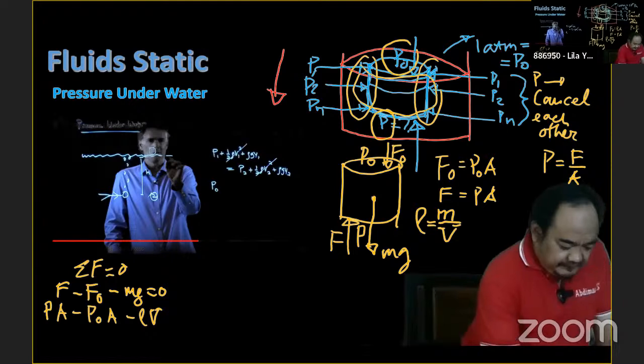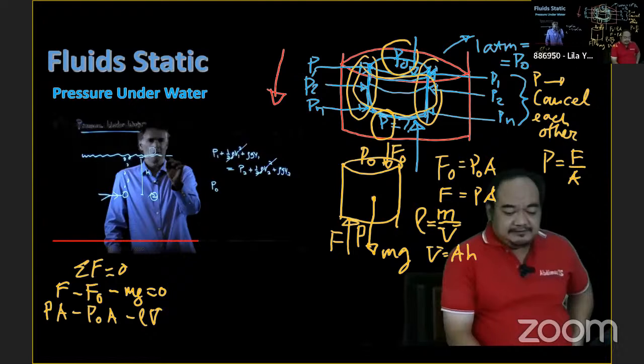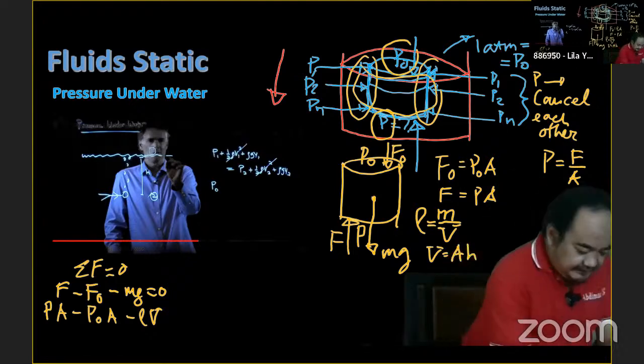Then volume can be changed into A times h, the surface times the height of the element.